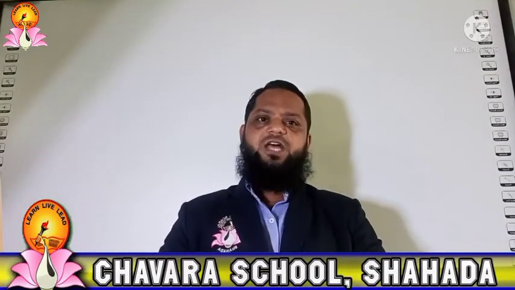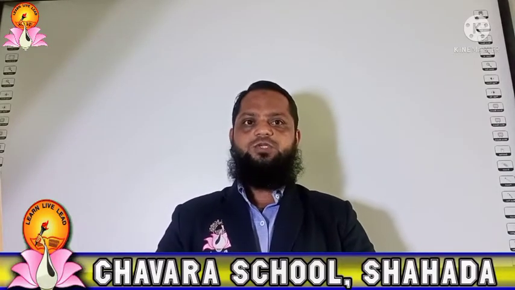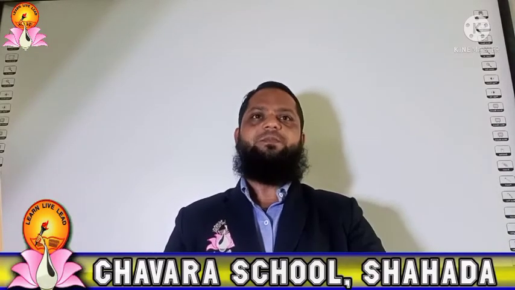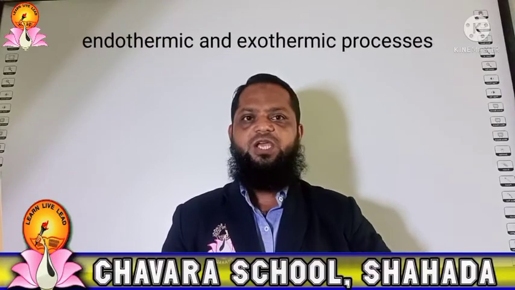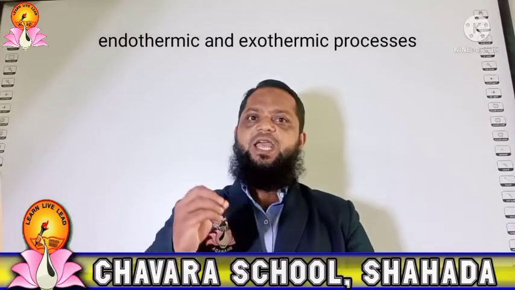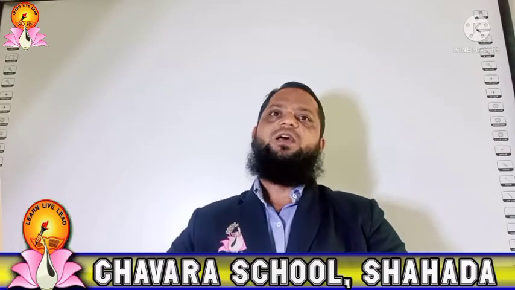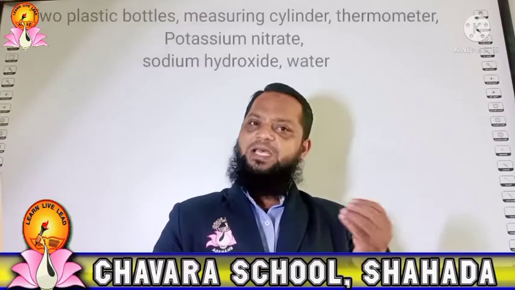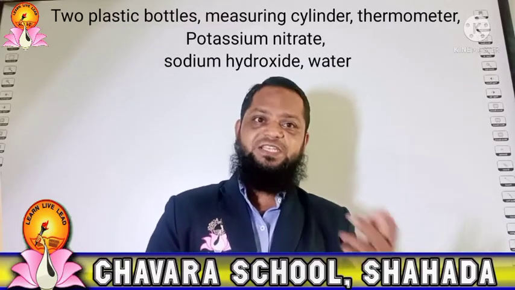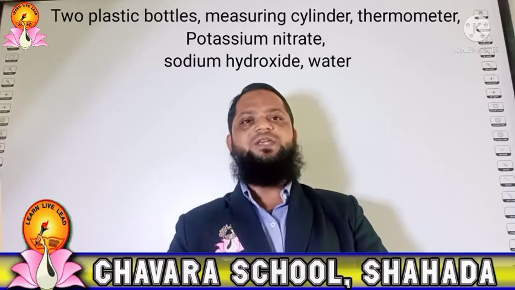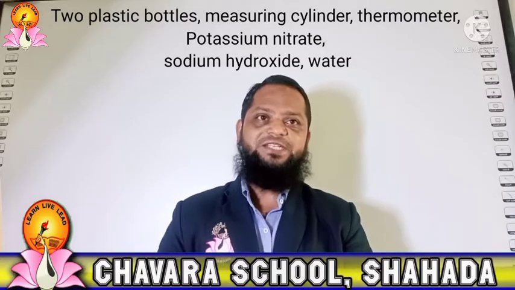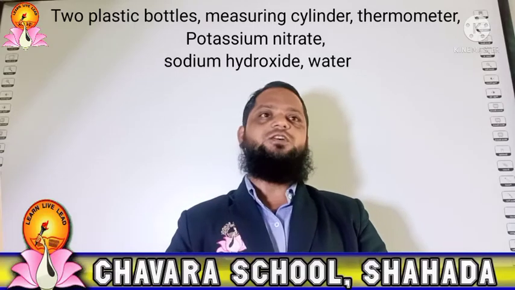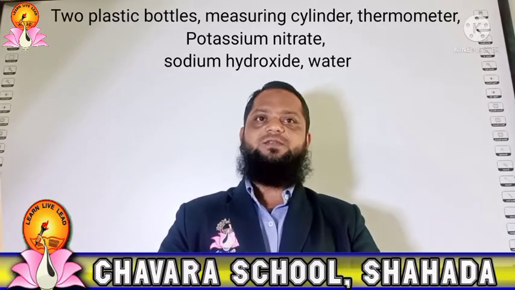Dear children, now we are going to carry out a small experiment with respect to the endothermic and exothermic chemical reaction. For this, we need 2 plastic bottles, measuring cylinder, thermometer, potassium nitrate, sodium hydroxide and water.